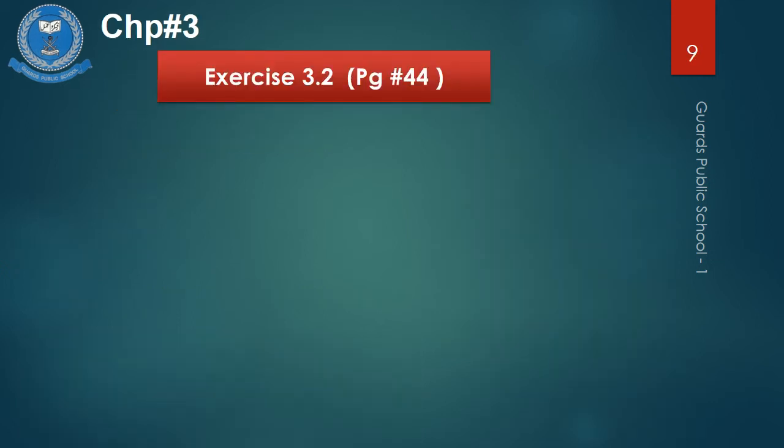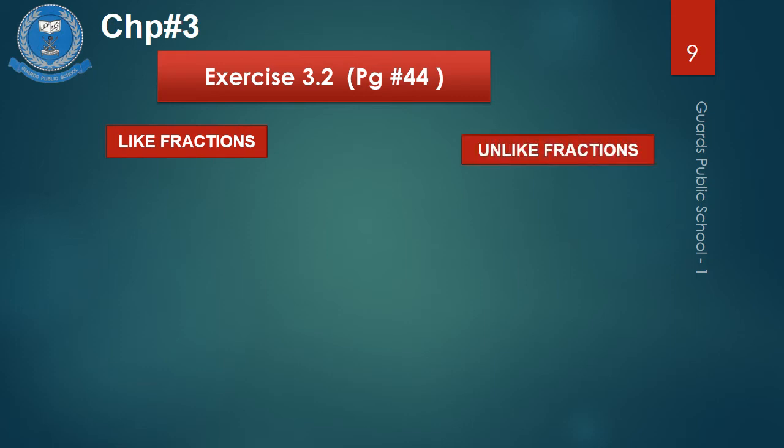Now students, it's time for exercise 3.2, page number 44, and here some random questions are given that you have to solve in your register. In this exercise, we are going to add or subtract like and unlike fractions.